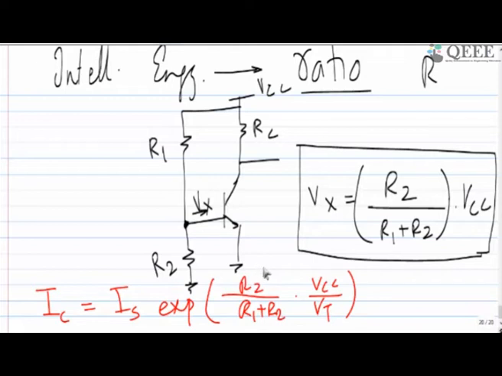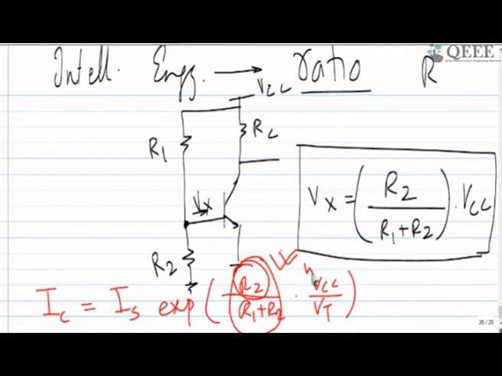So here I can see that, okay, R2 may be dependent on temperature, but R1 is also dependent on temperature, and both will have the same gradient of temperature. So the ratio will be the same, even if it goes to Finland or if it goes to India, it doesn't matter, right?